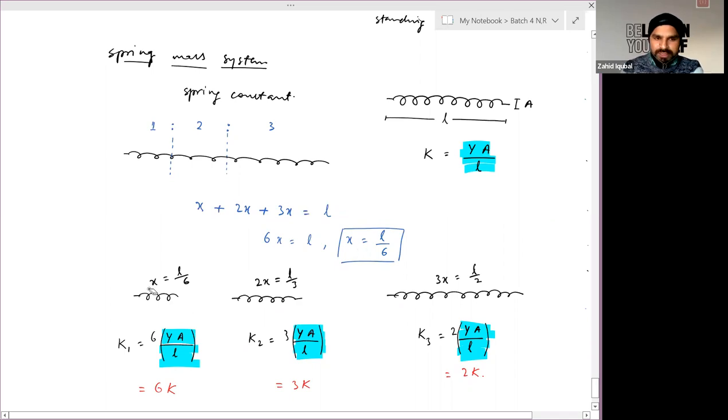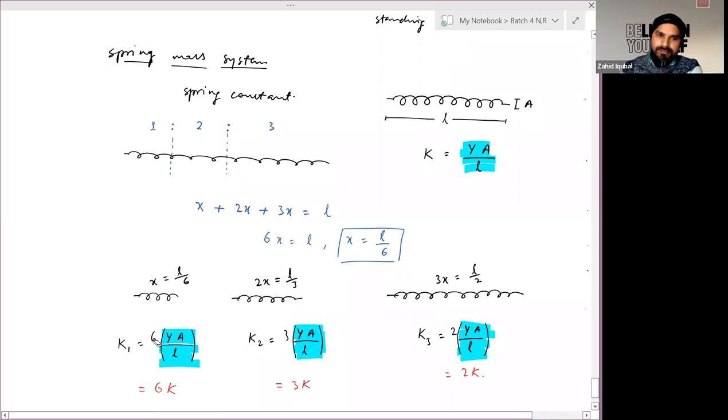Then for each segment, I defined its length. For the first part, it will be L by 6; for 2x, where x is L by 6, it will become L by 3; for 3x, it will become L by 2. Then K1 equals YA divided by its length, that is L by 6. So L divided by 6, and the 6 will move to the numerator.